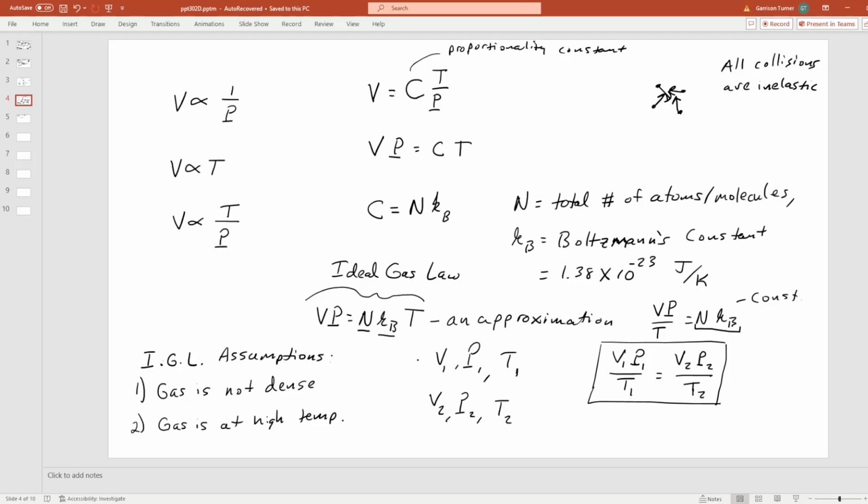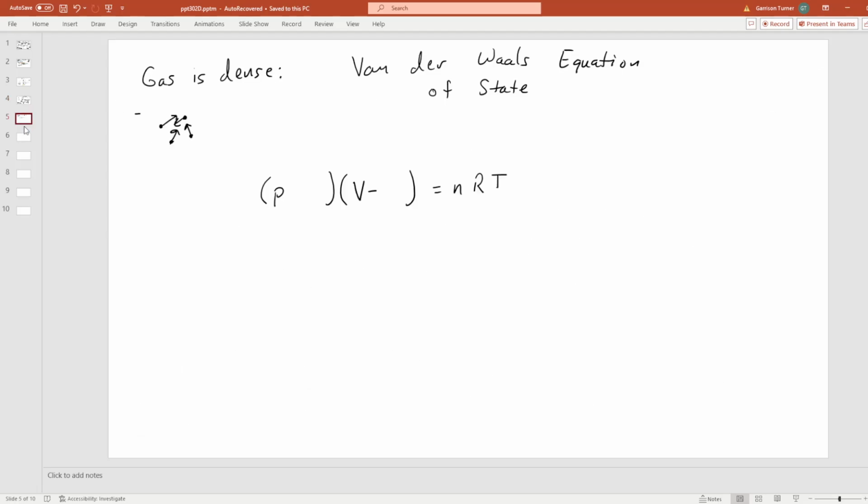That is generally going to be true here, but there are extra attractive forces that the molecules are going to exert on each other as you increase the density.